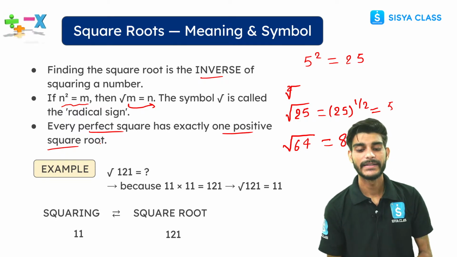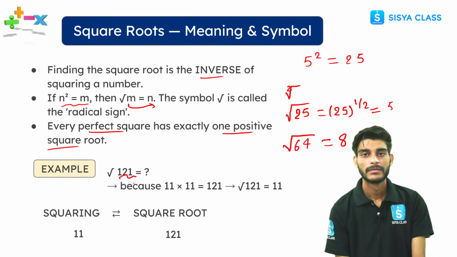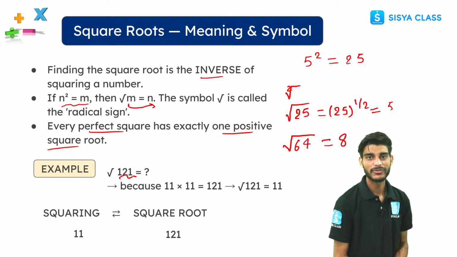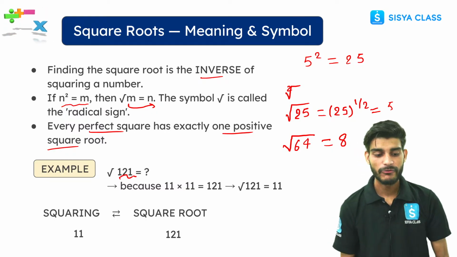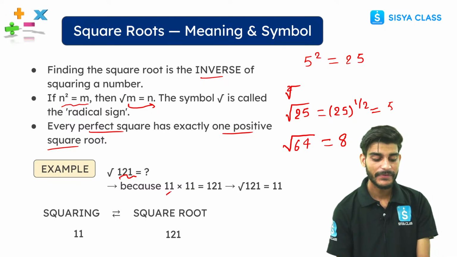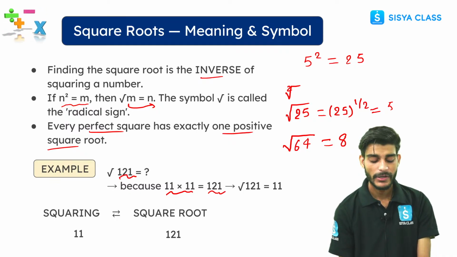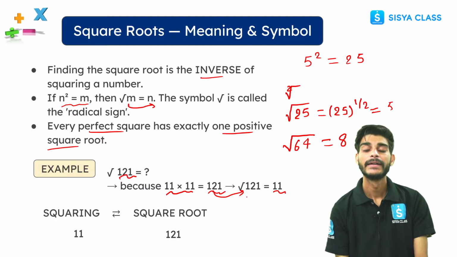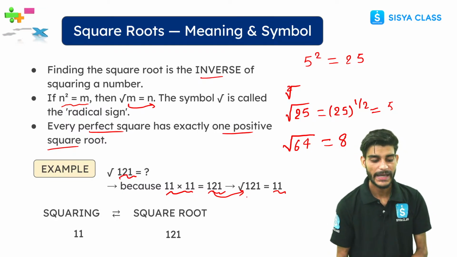Suppose I have to find the square root of 121. Is 121 a perfect square, yes or no? Think once again. Yes sir, 121 is a perfect square because if I multiply 11 two times, I'll get 121. So the square root of 121 is 11. So square and square root go hand in hand.